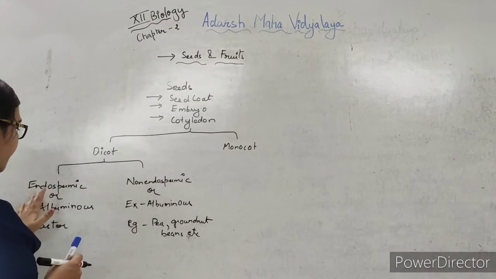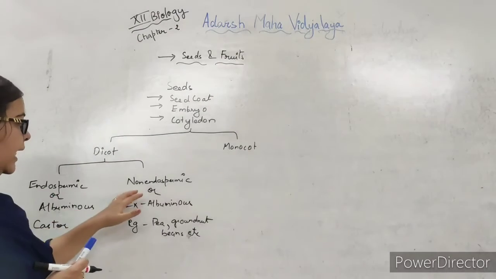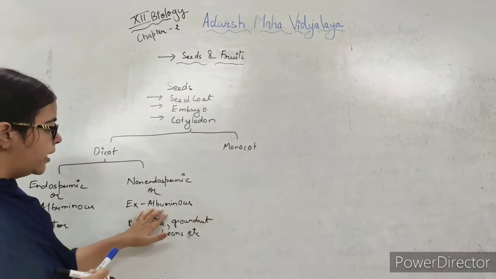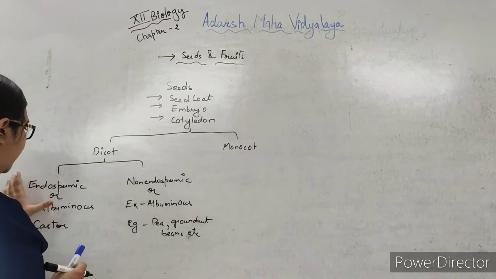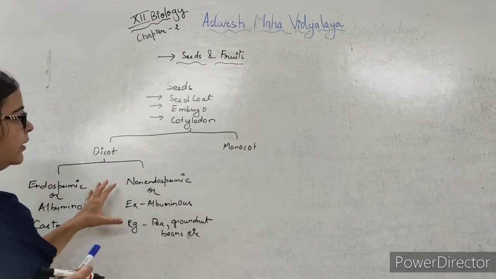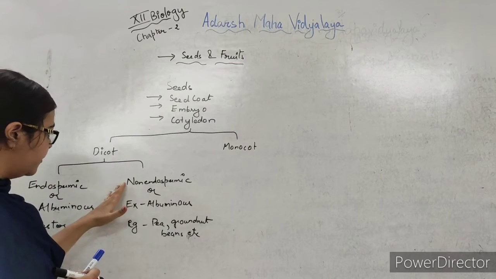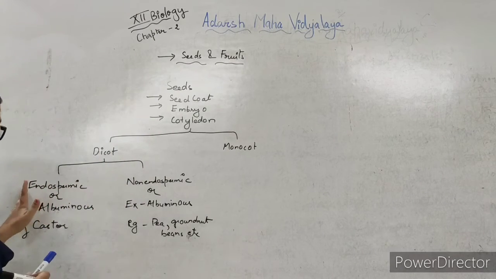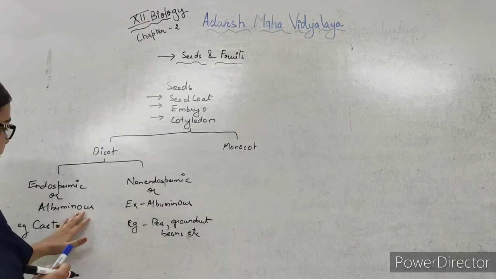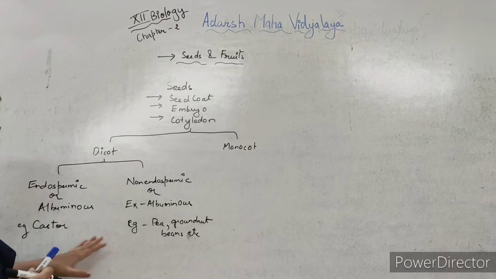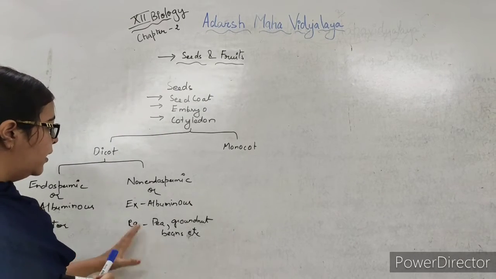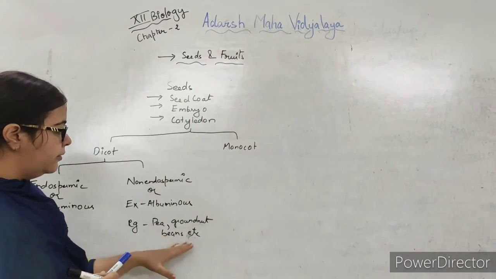The other name for endospermic seeds is albuminous seeds, and non-endospermic is ex-albuminous seeds. Here when endosperm is not there in the seed, we call them non-endospermic seeds, and when endosperm is present we call them endospermic or albuminous seeds. The example is castor, and for non-endospermic seeds we have pea and groundnut.